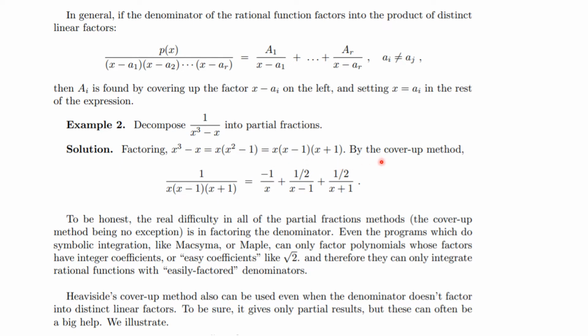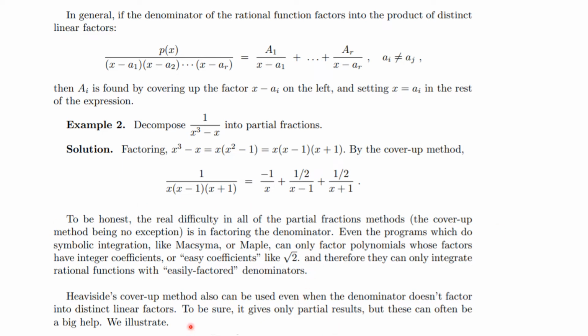Well, by the cover-up method, you can determine, and you should do this exercise, that the constant over the x is going to be minus 1. The constant over the x minus 1 is going to be 1/2, and it's also going to be 1/2 under the x plus 1. And so the real difficulty in this really is in factoring, and often I will ask you to factor these things.